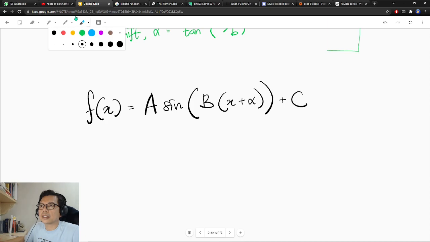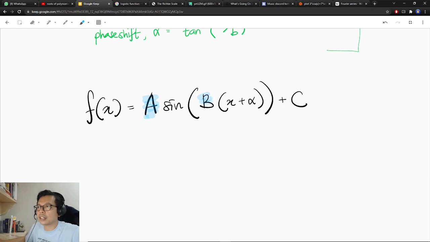Now, we are going to look into what A is here, what B is here, what alpha is here, and what C is here. Okay?